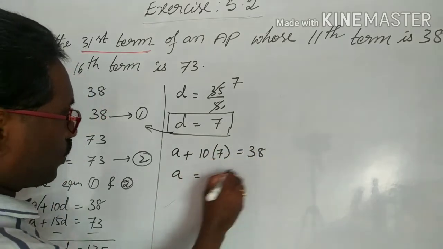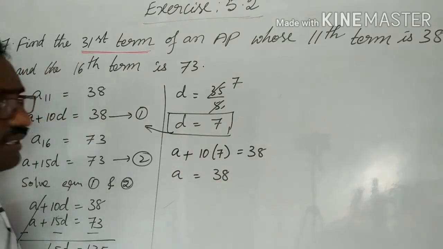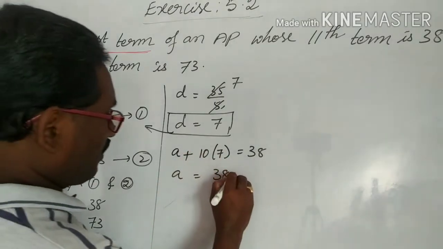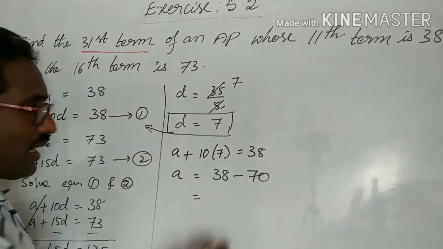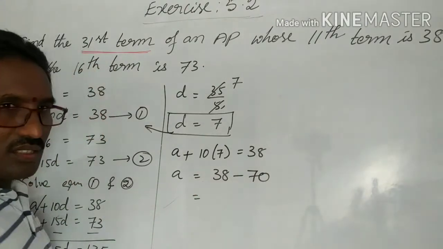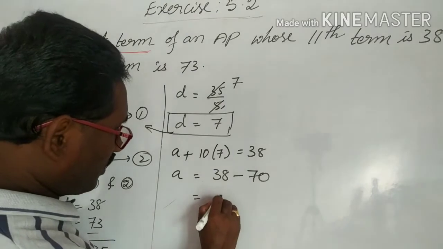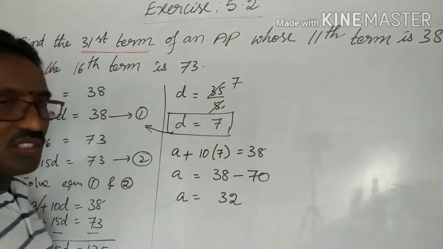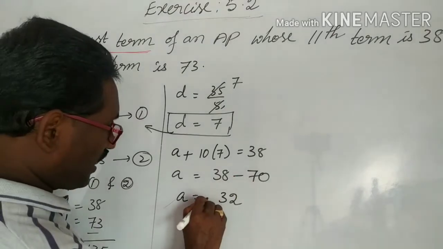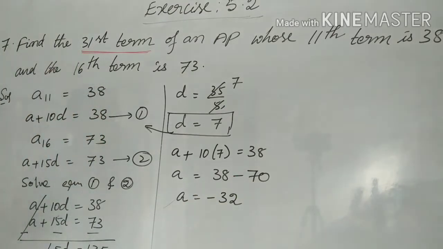So A is equal to 38 minus 70, which is minus 32. We got the A value.